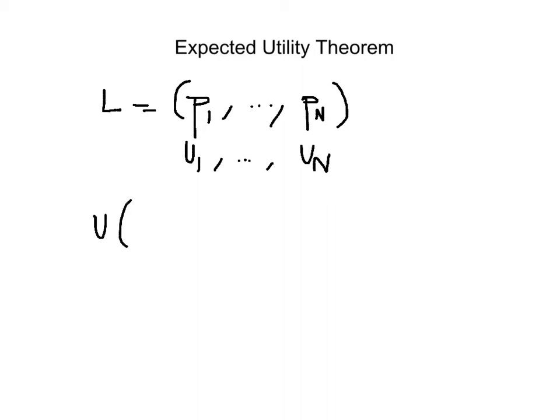So the utility of this lottery will simply be the weighted sum of the utility of each outcome multiplied by its probability.